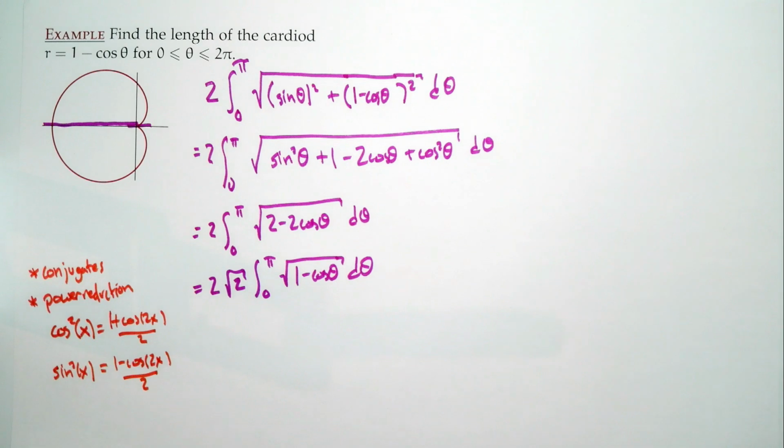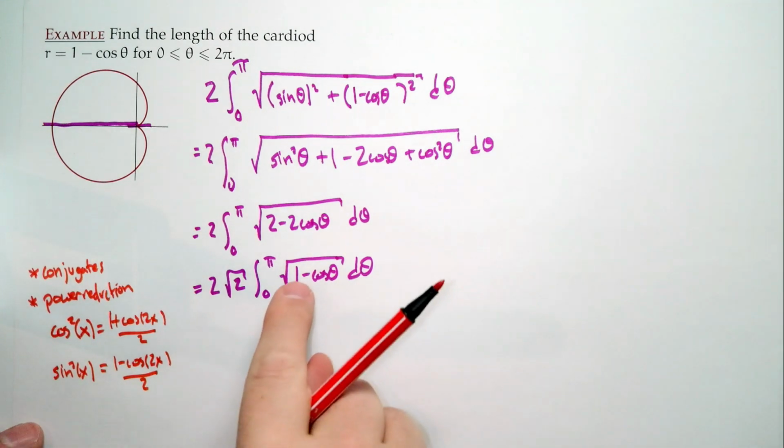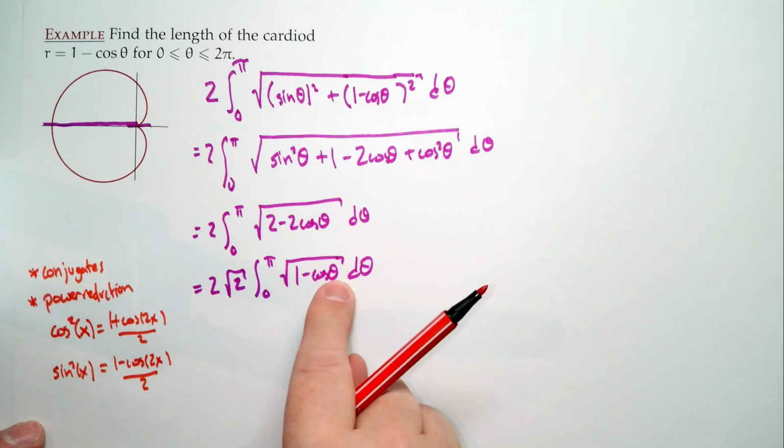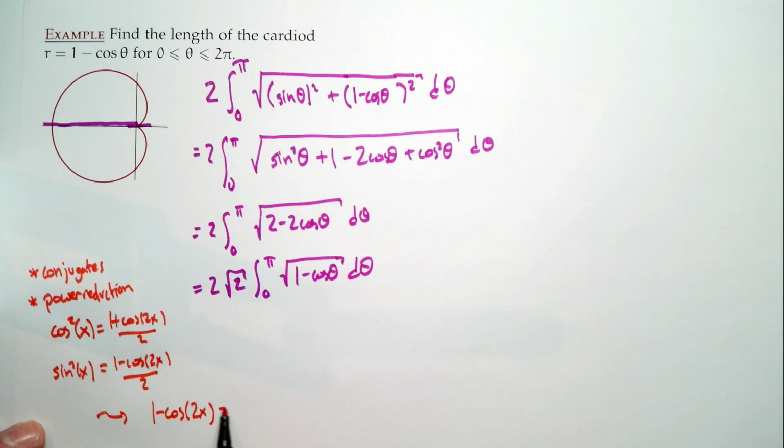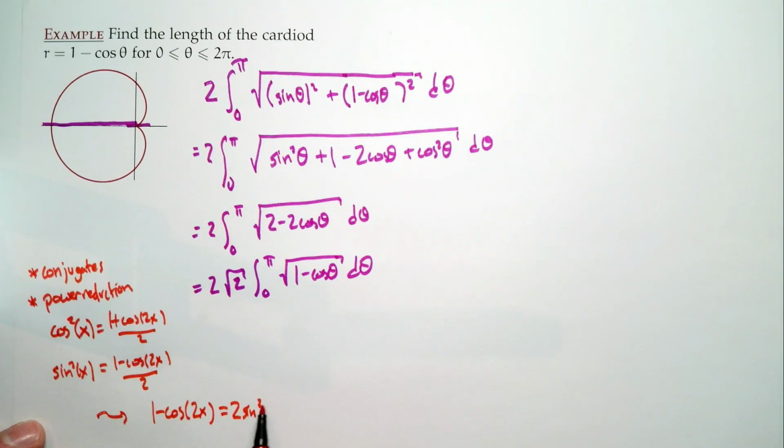And now we have 1 minus cosine of something. So I could rewrite this as 1 minus cosine of 2x is 2 sine squared of x. Now we're not quite there.